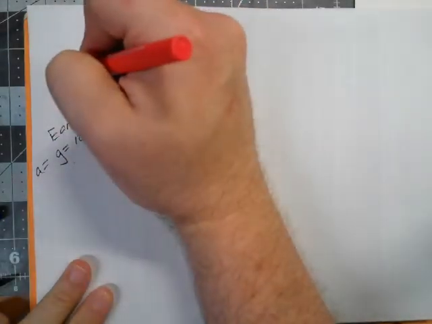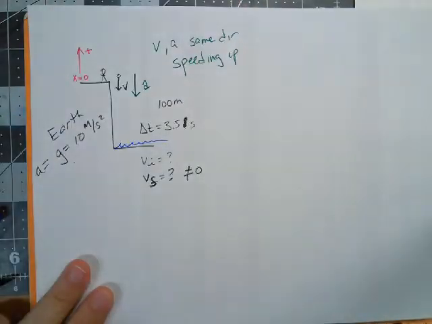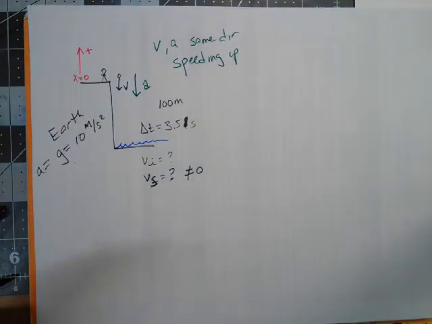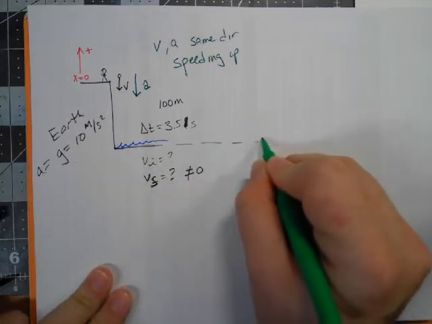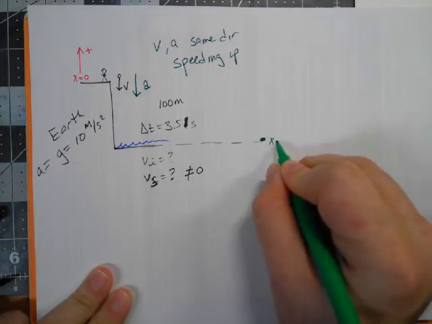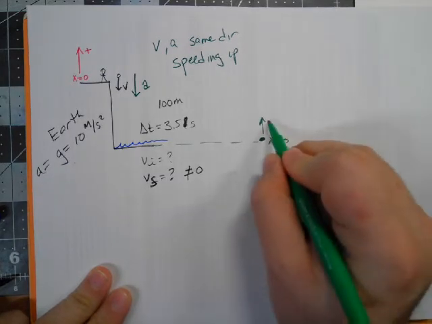Now, what I do almost always is set up as positive. Now, in green, we can pick another spot. We can come over here and we can say that this is x equals 0 and pick up as positive.